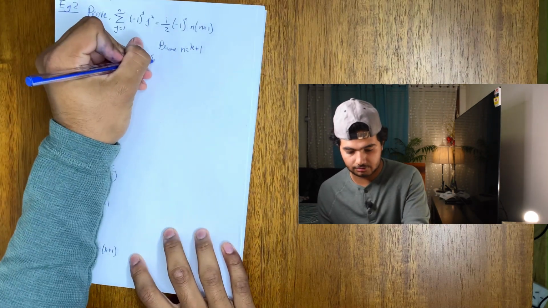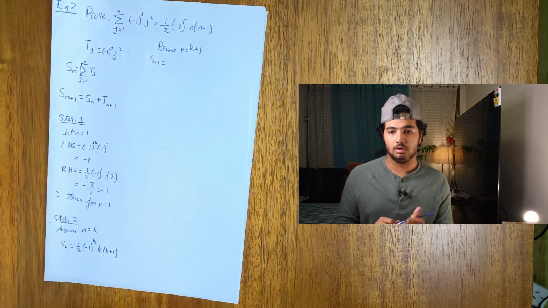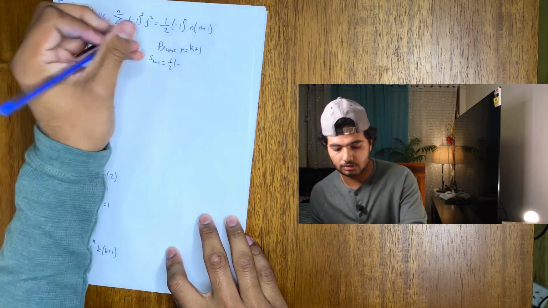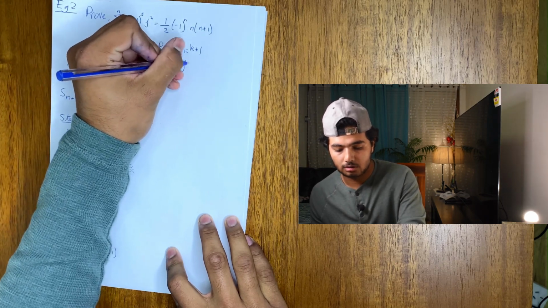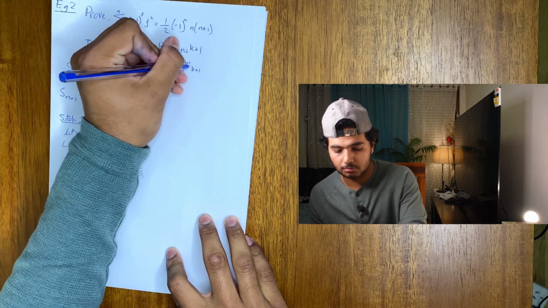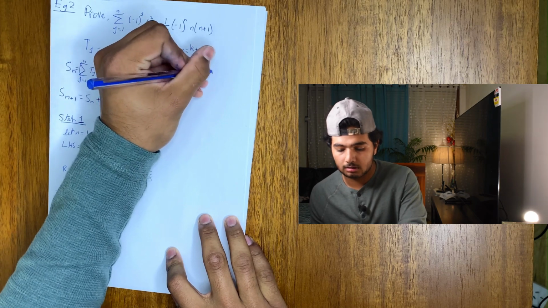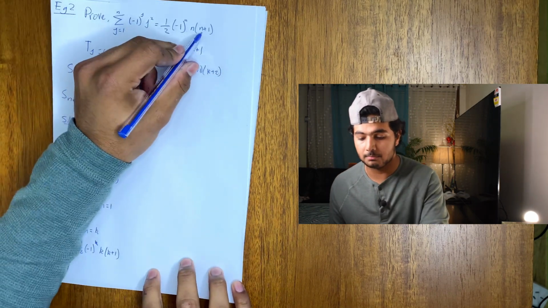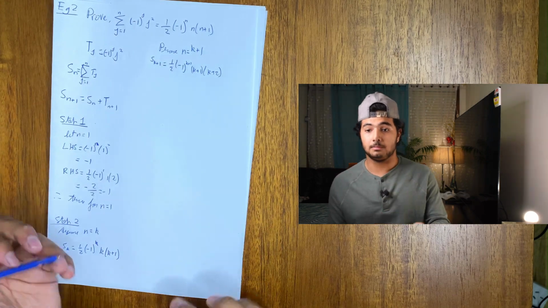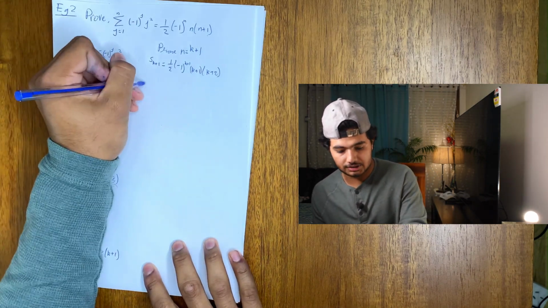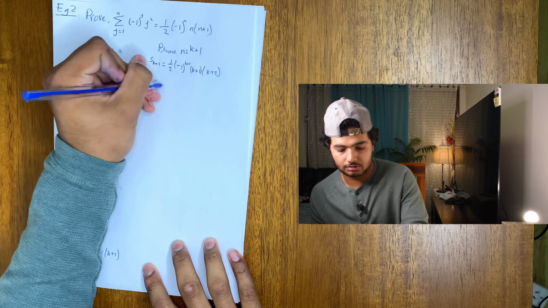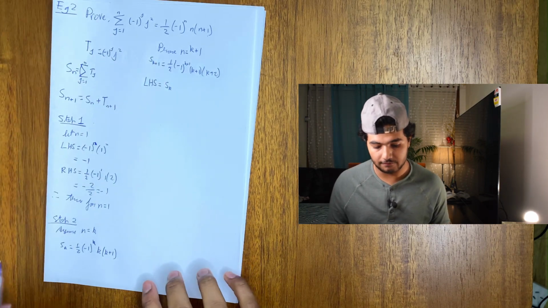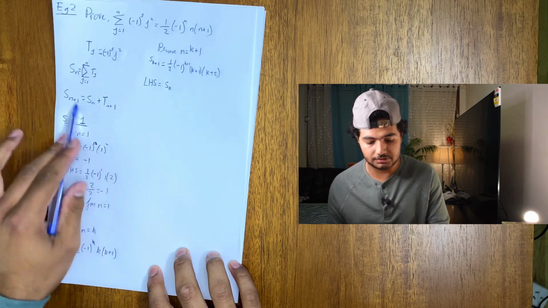So S of k plus 1 in this case equals 1 upon 2, negative 1, k plus 1 multiplied by k plus 2 in this case. Yep, k plus 1 would be k plus 2. LHS equals S of k, as we'd figured out over here, is this one over here.